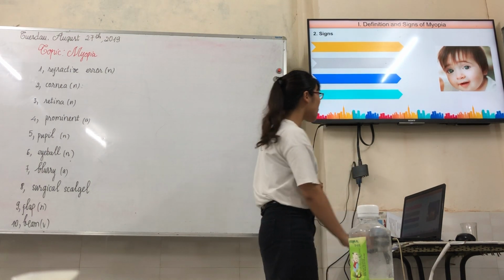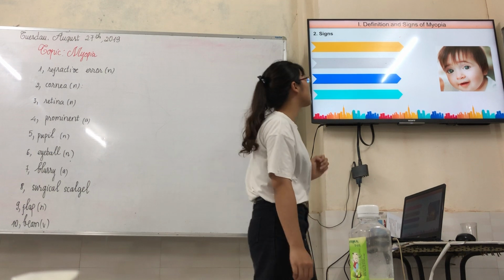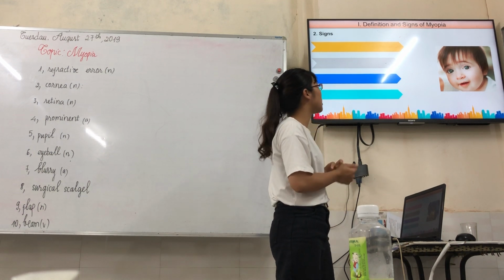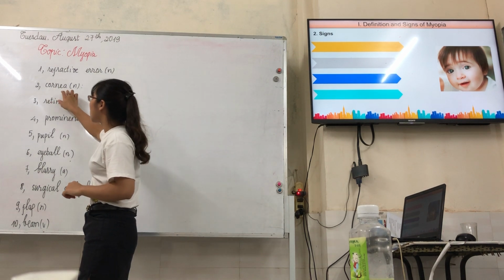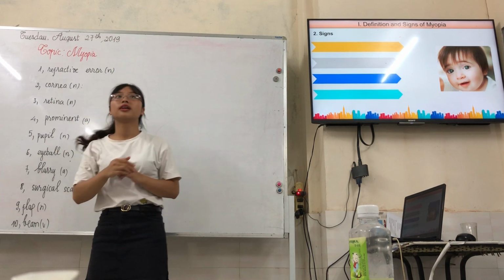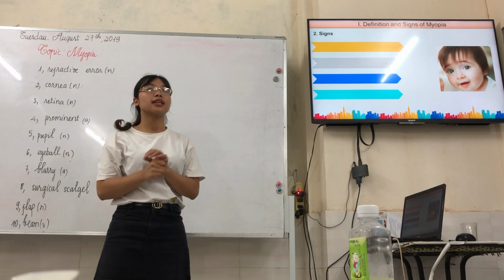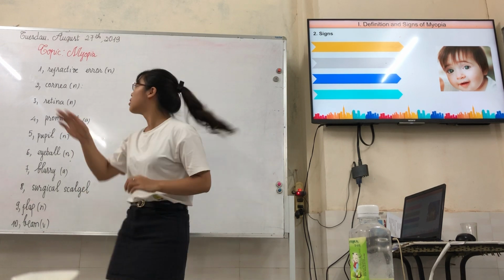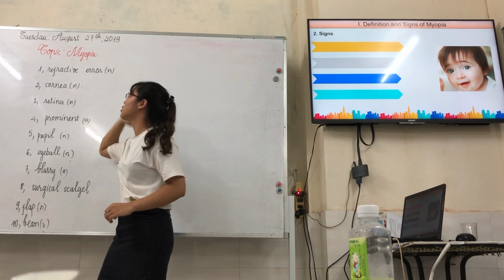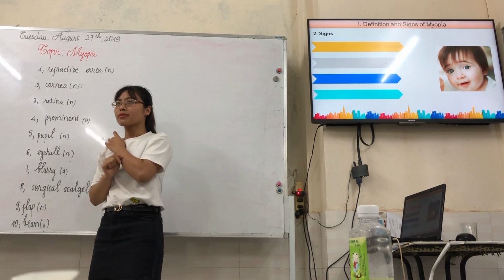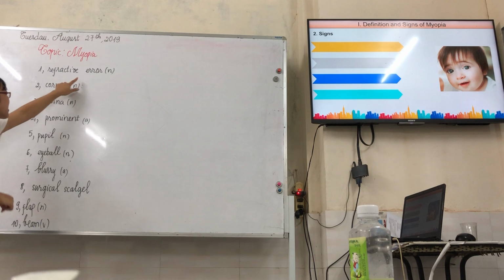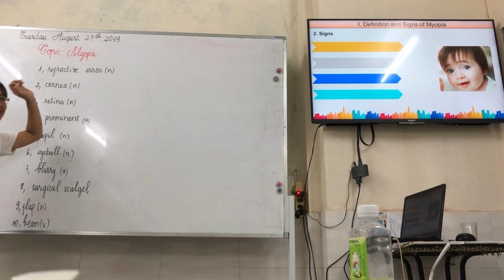Before moving to the signs of myopia, you should know that myopia isn't a disease. It is just a refractive error, the khúc xạ.